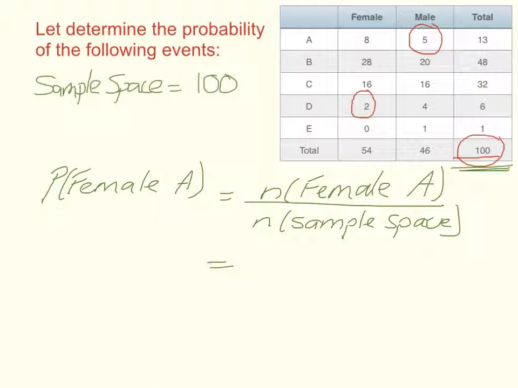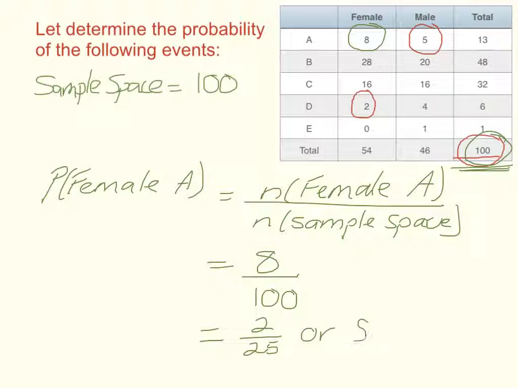So the number of females who received an A is 8. So I place 8, and my sample space is 100. So I write it over 100. Now this simplified is either 2 over 25, or we could write it as 8%.